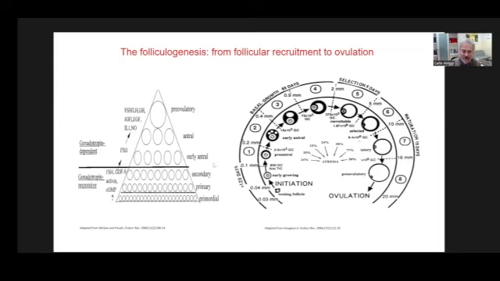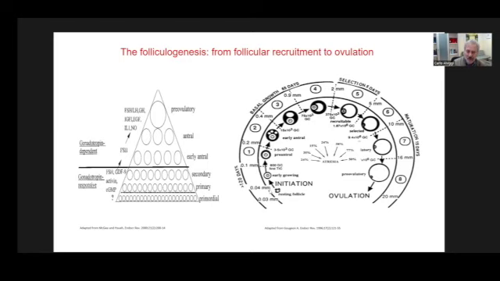So this is the nice representation provided by Duchamp many years ago about the long process of follicle recruitment. And so you can see that at any given stage, I repeat, a given percentage of follicles is lost.